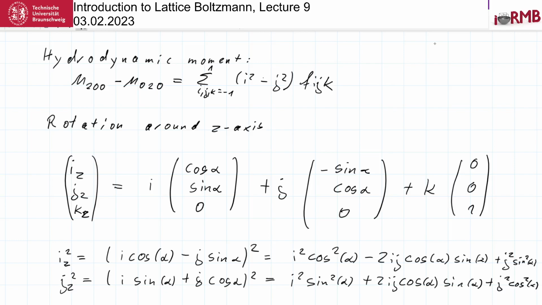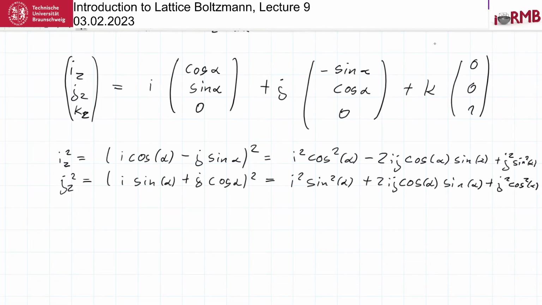Okay, so these guys come out, and what we now want to know is I z square minus j z square. So just put everything together, and what will come out is I square cosine square alpha minus sine square alpha minus 4 times ij sine alpha.